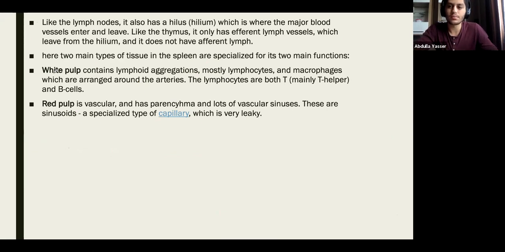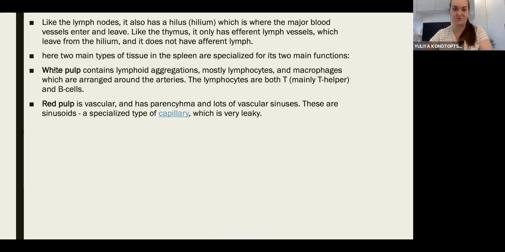Julia, I have a question. Can we also say that the spleen is a storage for blood? Can it store blood? Absolutely, yes. You can say that in a way it is a storage of blood, because depending on your weight, you should have about 5 liters of blood within your body. The more weight you have, the more blood you have.